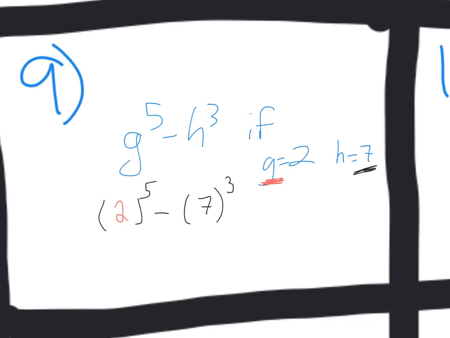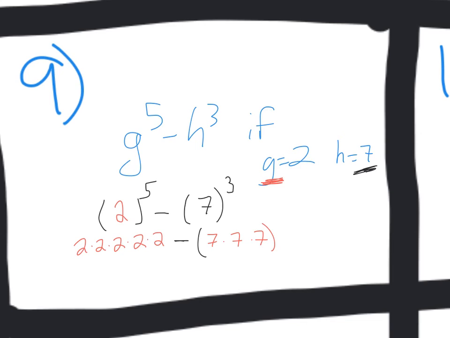All right, now this one, you might need to use a calculator. But 2 to the 5th power is just the same as 2 times 2 times 2 times 2 times 2, minus 7 times 7 times 7.